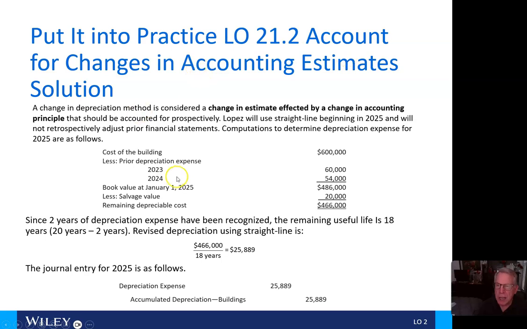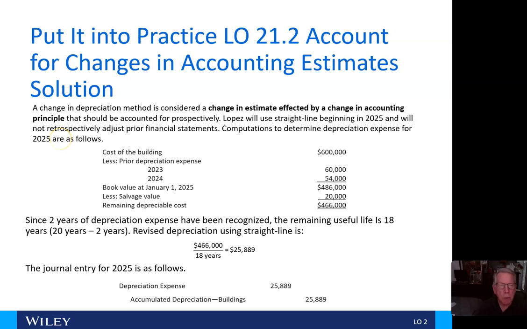Well, a change in depreciation method is considered a change in estimate affected by a change in accounting principle that should be accounted for prospectively. Lopez will use straight line beginning in 2025 and will not retrospectively adjust prior financial statements.